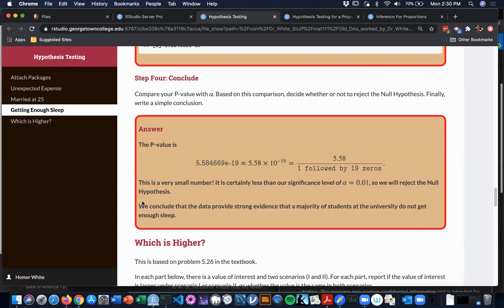Well, so we got a p-hat that was 72%, and that's making it really look like p must be bigger than 0.5. It's really looking like we got a majority of people at the university that don't get enough sleep. So we'll just write that up. We conclude that the data provides strong evidence that a majority of students at the university do not get enough sleep. When you reject the null, you've got strong evidence for one of the directions of the alternative.